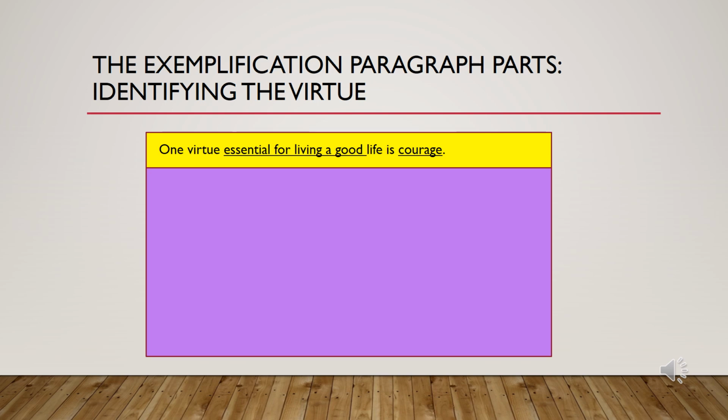So, a simple statement like "One virtue essential for living a good life is courage" tells the reader everything he or she needs to know about what's coming in this paragraph.